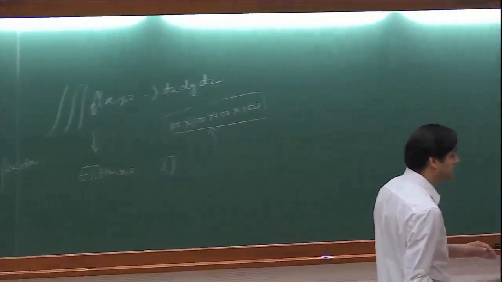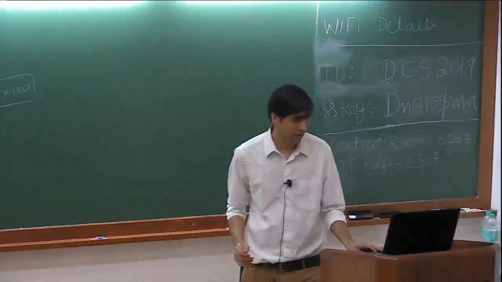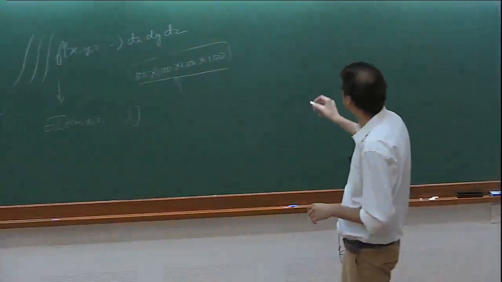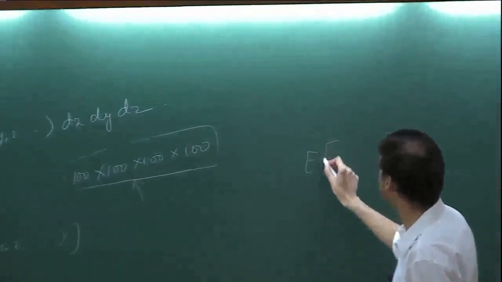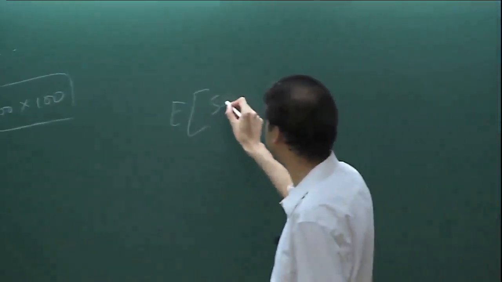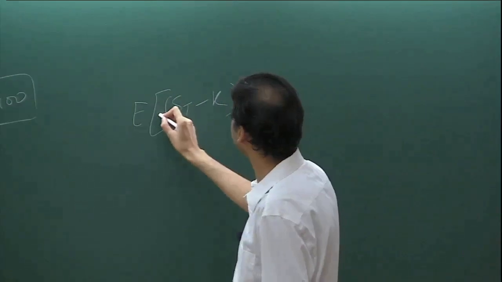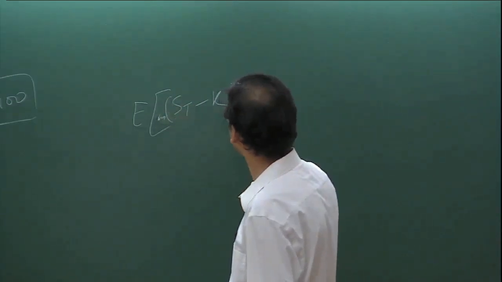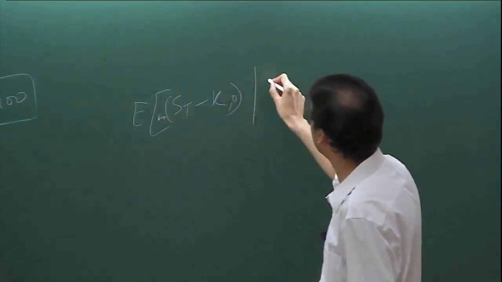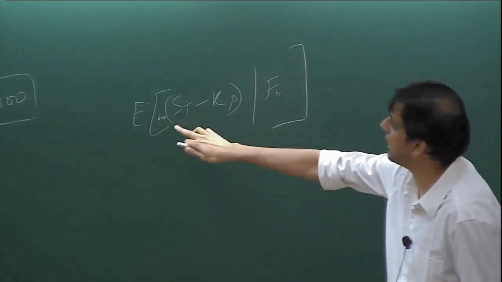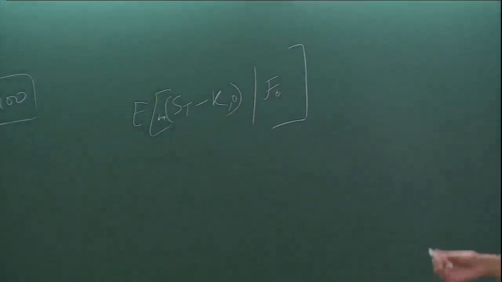The same approach is used for pricing the European option, where what you are interested in is the expectation of the option value at final time. This is max here. So this is what you are interested in evaluating, the expected future payoff.